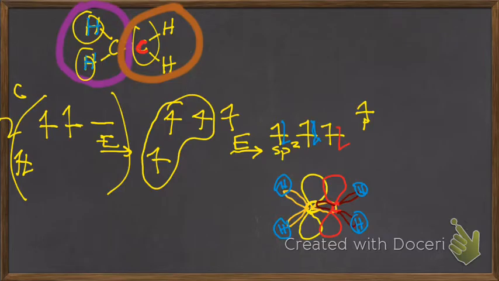If you think about this in 3 dimensions, which is really hard for me to draw, these lobes of the dumbbells are coming out towards us. These are going away from us. It's coming out of the plane of the wall, and that one's going back into the room next door. These 3 are the sp2s.